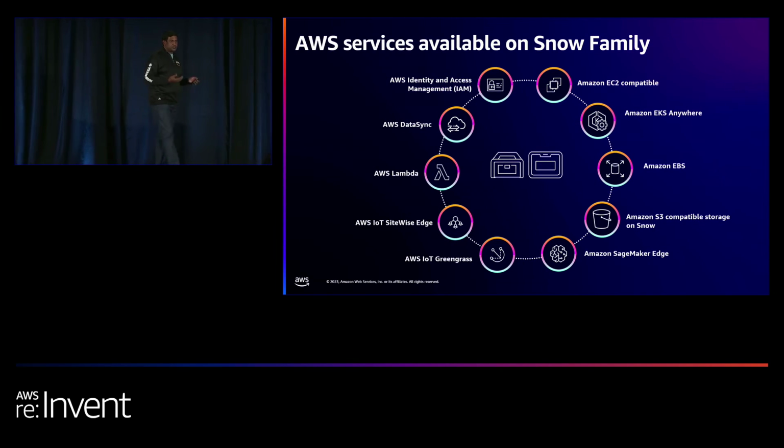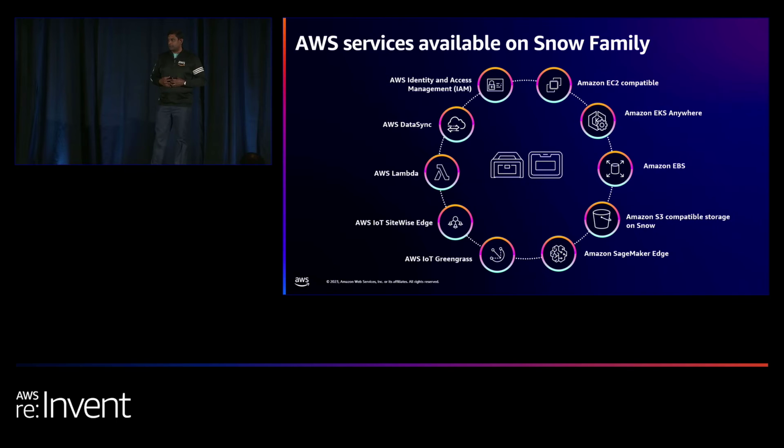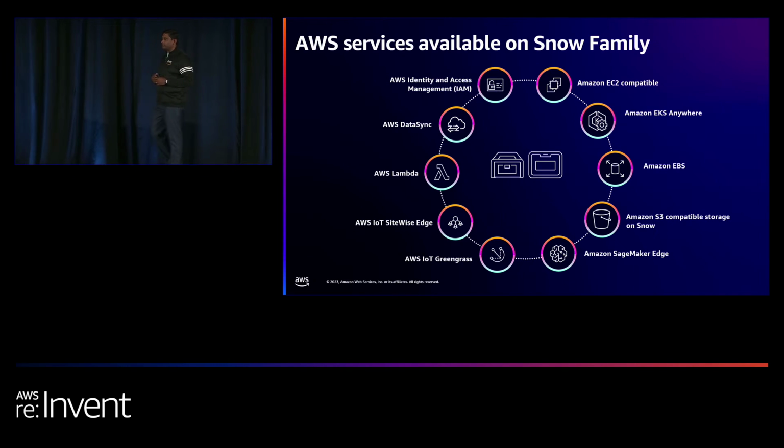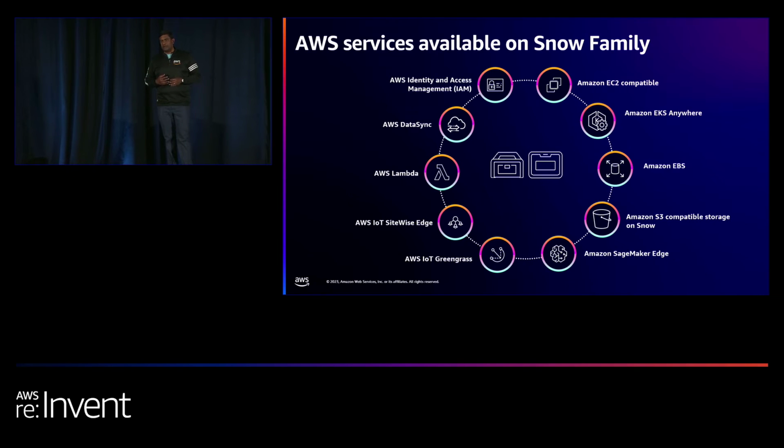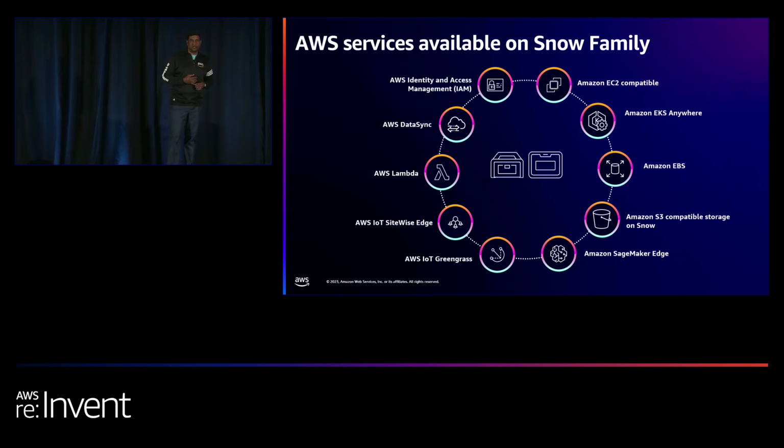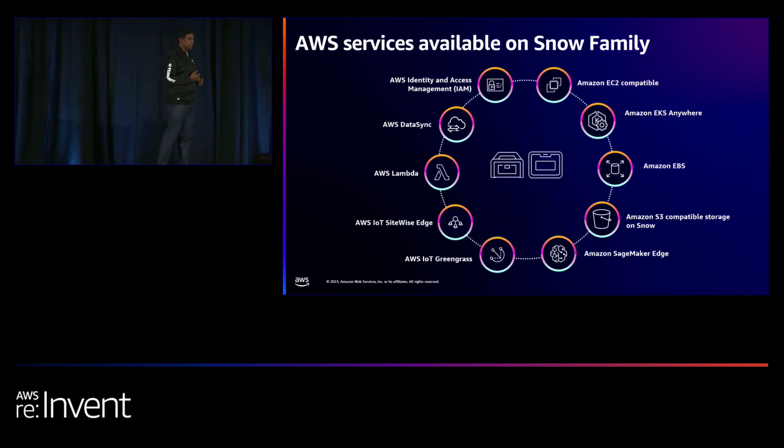We talked about customers running applications like image processing, ML inference, and data analytics on Snow devices. The Snow devices support a select set of AWS services for compute, analytics, containers, storage, access, security, ML inference, and data transfer.